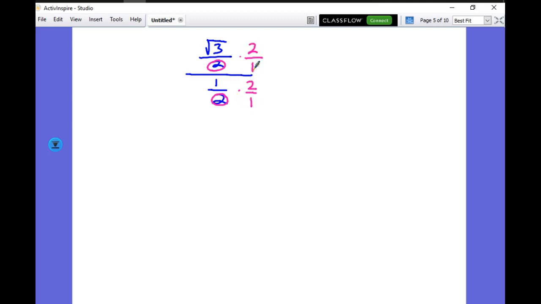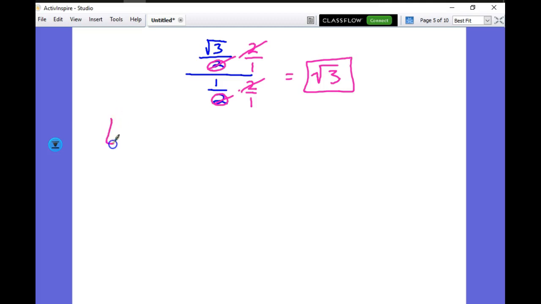You could do that so long as you do it to the top and bottom, right? And what that does is it cancels out those 2's, right? And what am I left with? Radical 3. And you don't need to put over 1, so we can just leave it like that. So that's our answer. So that's tangent of 60. That's a weird one, right? Yeah. All right. Let's do another one.